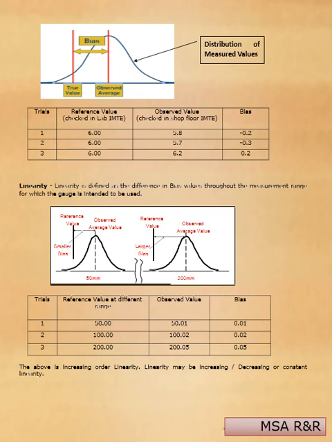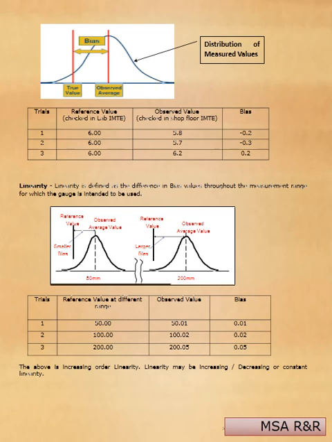Linearity is defined as the difference in bias value throughout the measurement range for which the gauge is intended to be used. Consider these three trials. Normally the reference value is 50, my observed value is 50.01, bias 0.01. For 100, observed value 100.02, bias 0.02.